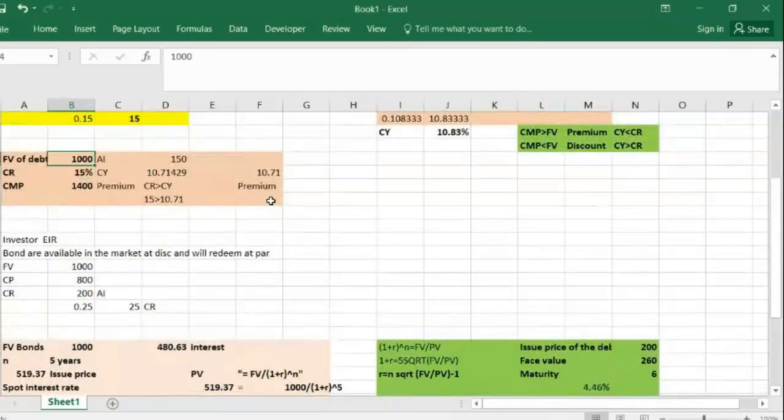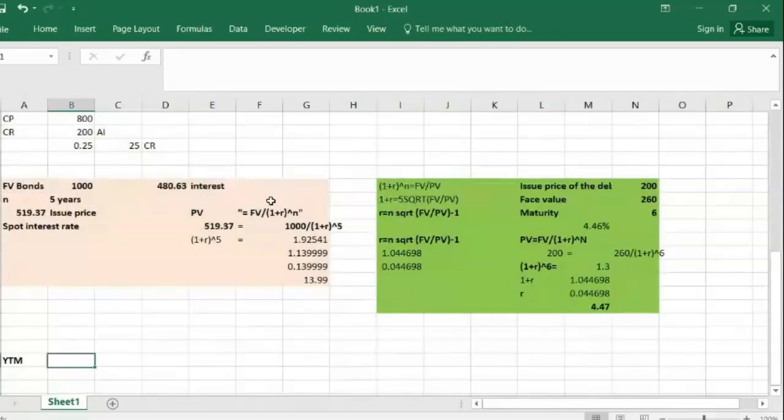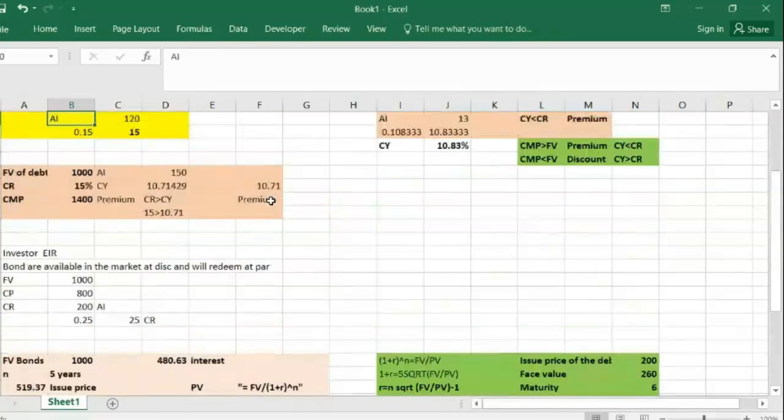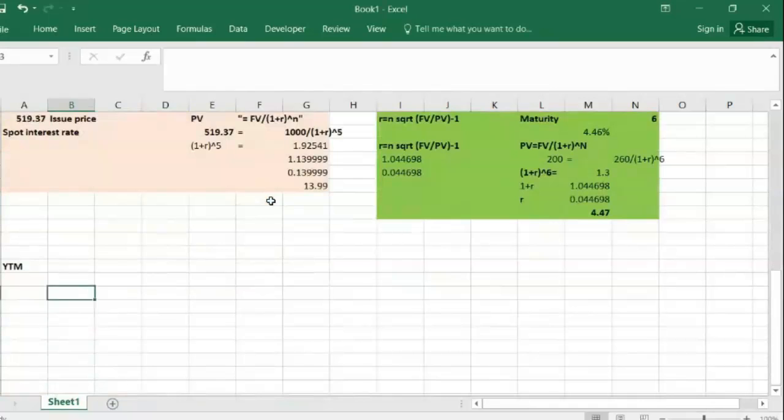Here we have a market price: a 1,000 rupee instrument is available in the market for 1,400 rupees. The interest rate applicable and the number of years to maturity are not given, so I'll give one more problem.